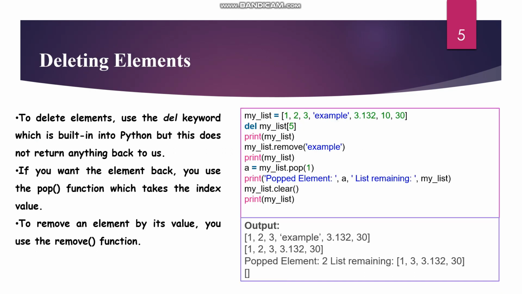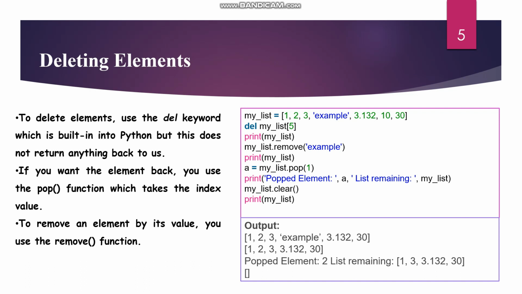Next comes deleting an element. For deleting elements in the list, there are three methods: the del keyword, the list remove method, and the list pop method. To delete an element, we use the del keyword, which is built into Python. Next comes the pop method.